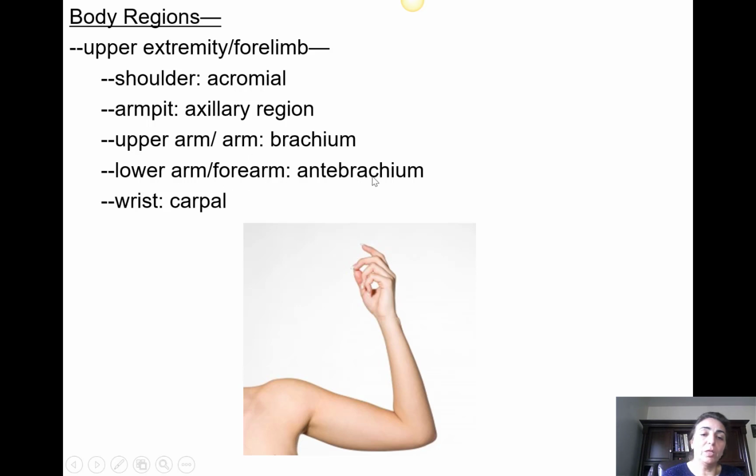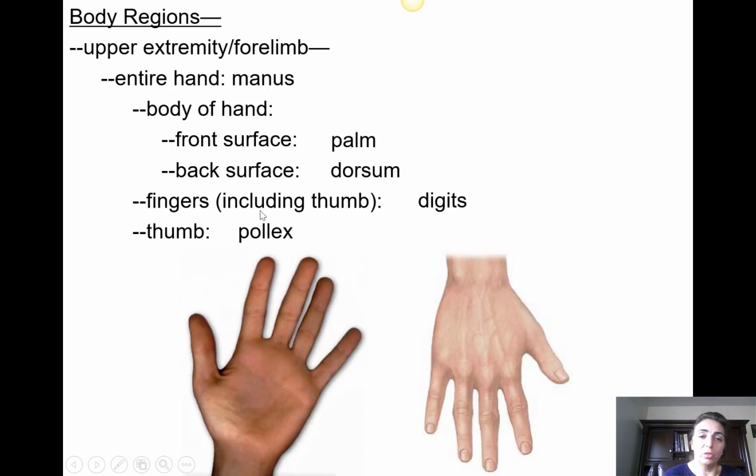Lower arm and forearm is antebrachium, and the wrist is carpal. It's just showing again in the other picture. The entire hand is manus, body of the hand, front surface is palm, and pay attention that the back of the hand is called dorsum, dorsum of the hand.